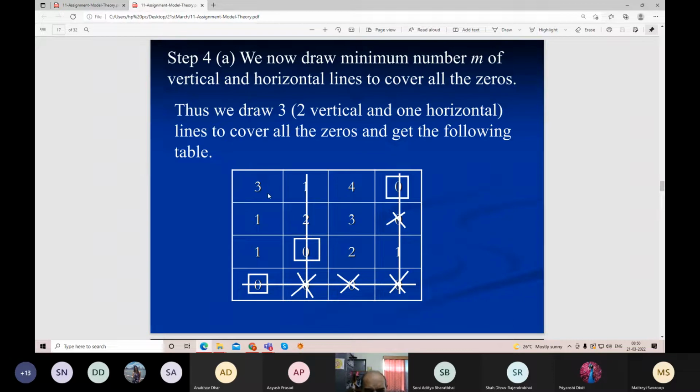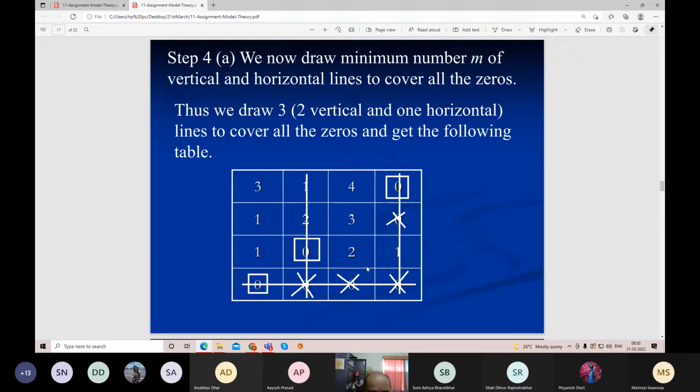3, 1, 1 in the first column. In the third column, 4, 3, 2. These are the uncovered elements. Among all the uncovered elements, we find the minimum. The minimum is 1. This 1 is subtracted from the first column, and this 1 is subtracted from the third column.